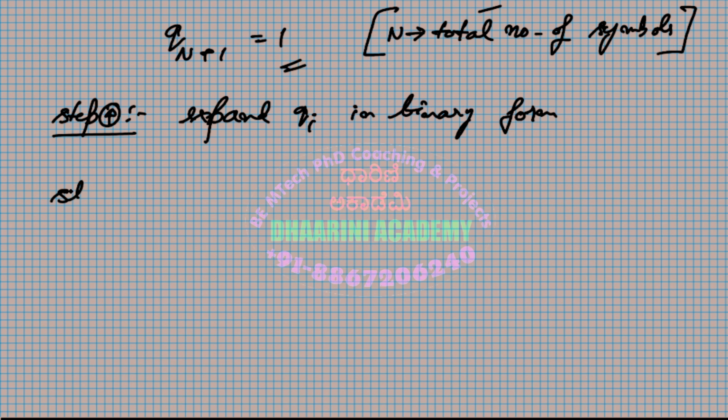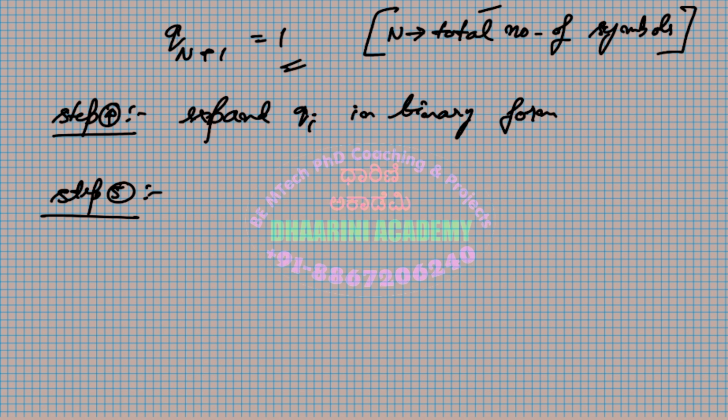And the last step, step number 5, is that the decimal places in the binary representation of every Qi are the code words.